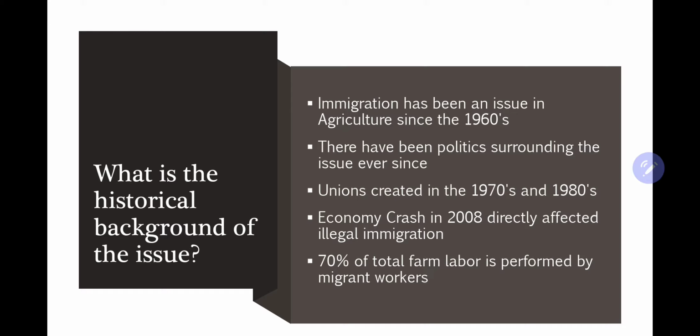And then in the 70s and 80s, the legal immigrants, and that's the main thing to remember here, the legal immigrants created unions. They organized protests and strikes against low wages and no benefits. They organized those strikes so that they could be compensated fairly, they could get benefits, they could provide for their family, and they got it done.